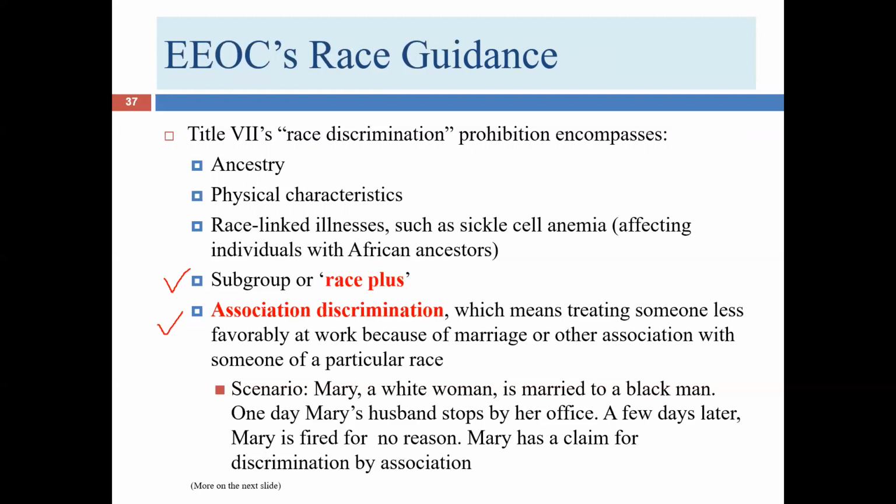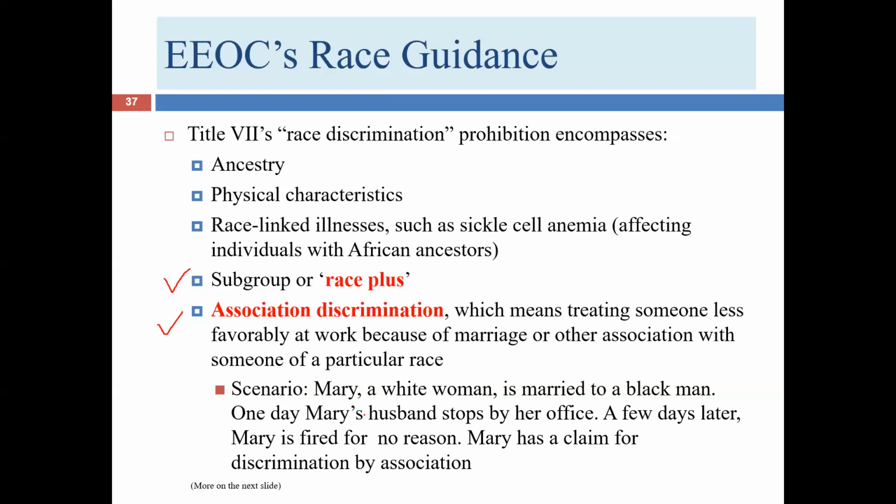So let's consider a scenario. Mary's a white woman. She's married to an African-American man. Perhaps no one in the office knew that Mary's husband was African-American. Mary's husband drops into work one day. People observe that he's African-American. A few days later, Mary is dismissed for no reason. Mary would have a claim of discrimination by association.